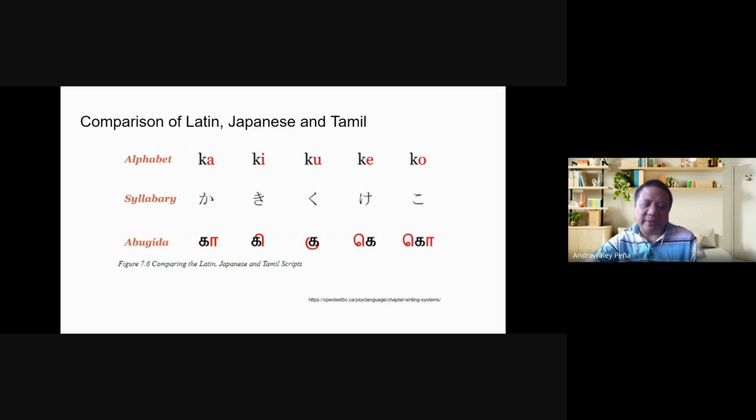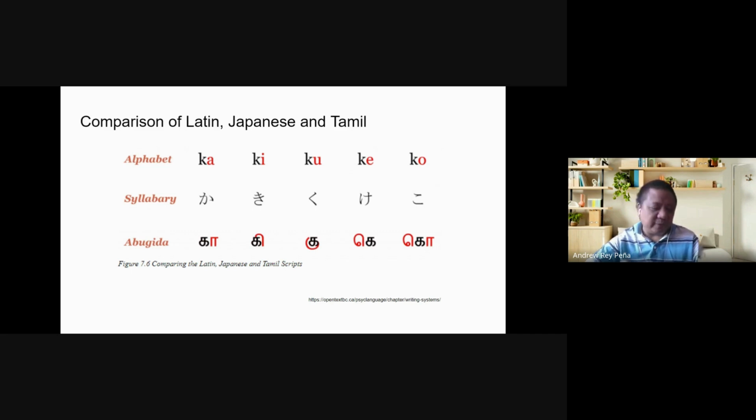On the other hand, in Tamil, which is in India, we have an example of the abugida. The black colored ones are the consonants, and you have a little bit of scribble in red, and those are scribbles for vowels.